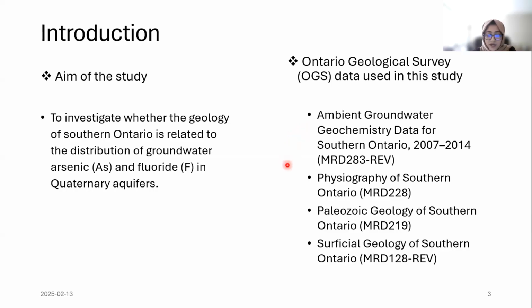As geological components, we chose the physiographic setting of Southern Ontario as the main variable. To assess the influence of other geological factors, we included the Paleozoic bedrock formation map and the superficial geology map of Southern Ontario in our data analysis.